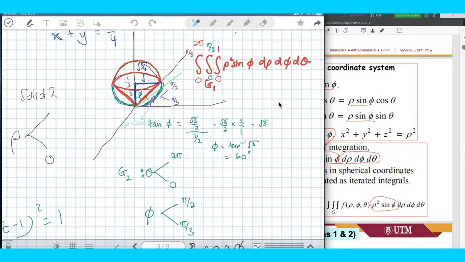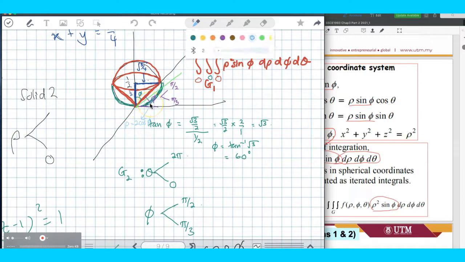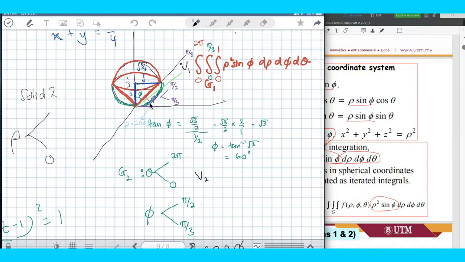So this is the volume for the solid one, and the second solid, in the green color here, is given by the integral of rho squared sine phi d rho d phi d theta, with theta from 0 to 2 pi, phi from pi over 3 to pi over 2, and rho from 0 to 2 cos phi.